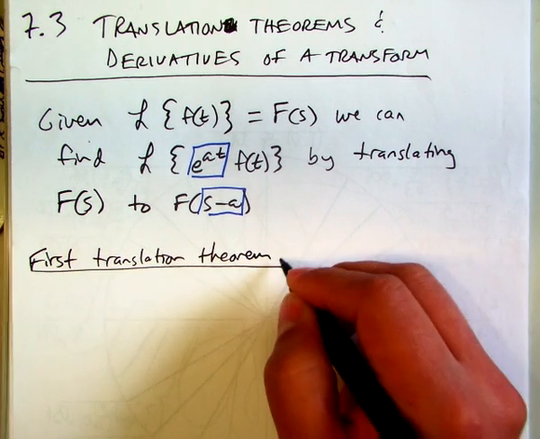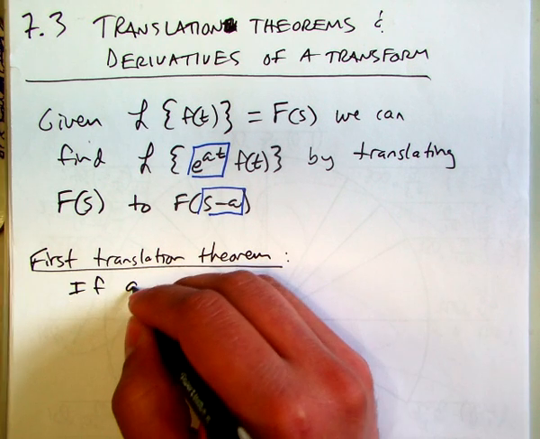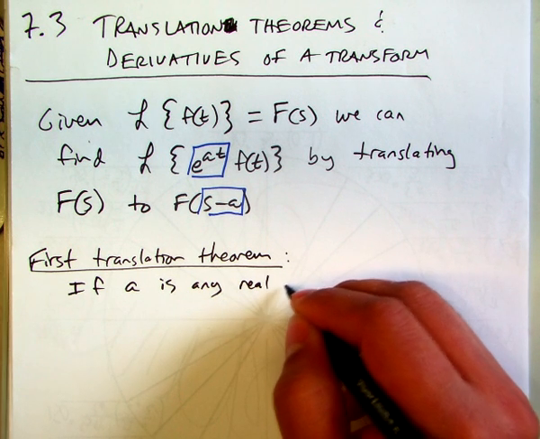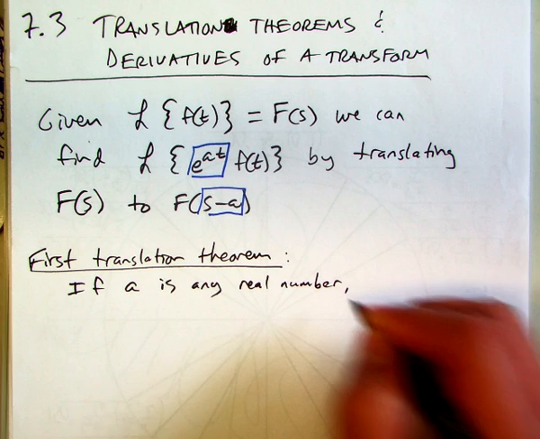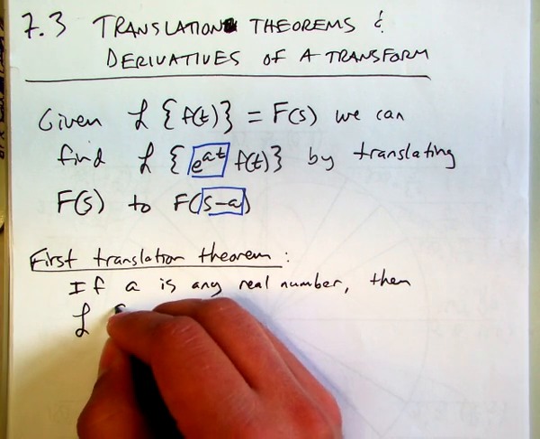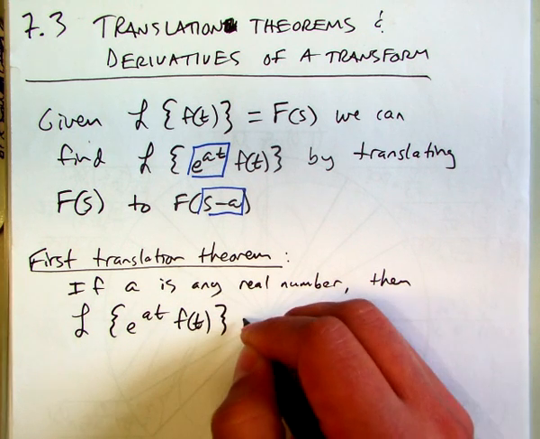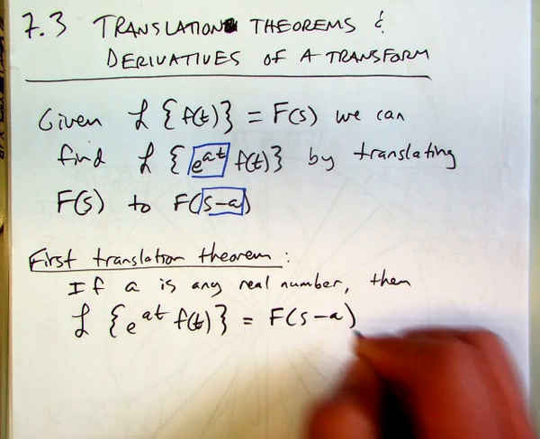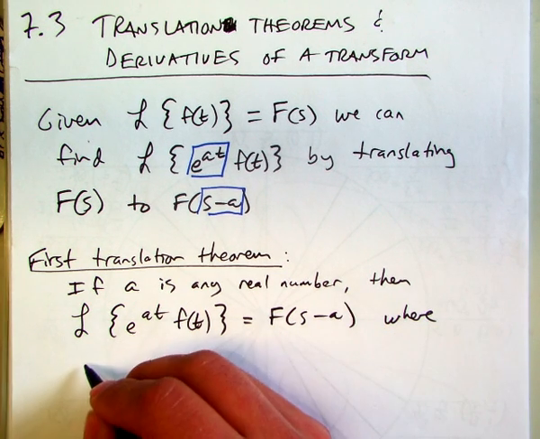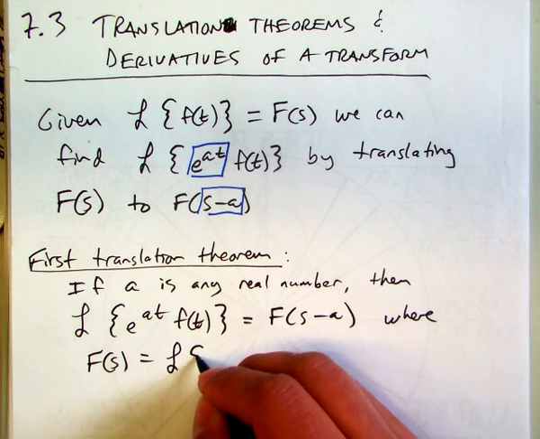Okay, so the first translation theorem is that if a is any real number, then the Laplace transform of e to the at f of t will be F of s minus a, where it's understood that F of s is simply the transform of f of t.